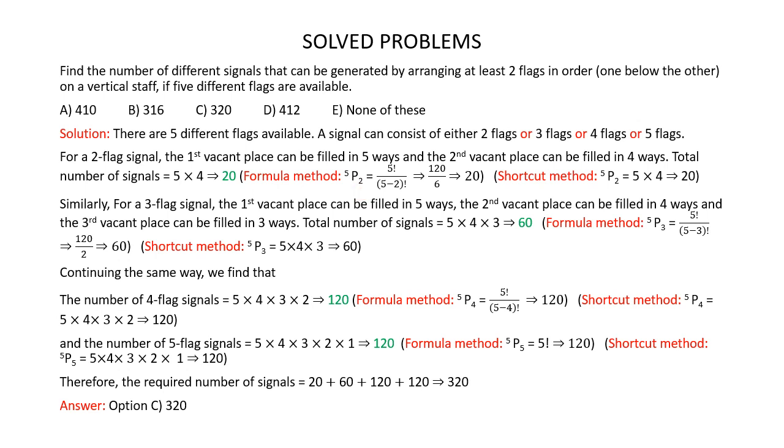According to the permutation formula, we know that 5p2 is equal to 5 factorial divided by 5 minus 2 factorial, which is nothing but 5 factorial divided by 3 factorial. Now 5 factorial is 120 and 3 factorial is 6. So 120 divided by 6 is 20.